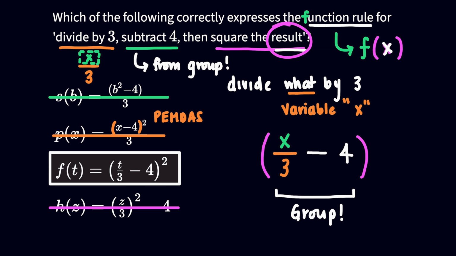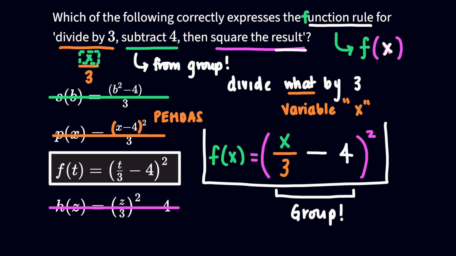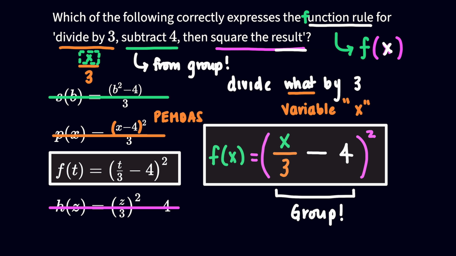That's the result, and I want to square this whole thing. Parentheses on the whole, square it. And if I make this a function, I'll say f of x. That's what it is, and now we see that our answer is pretty similar to this one.